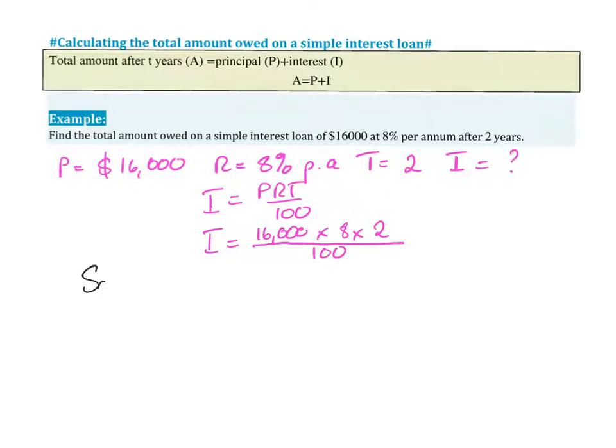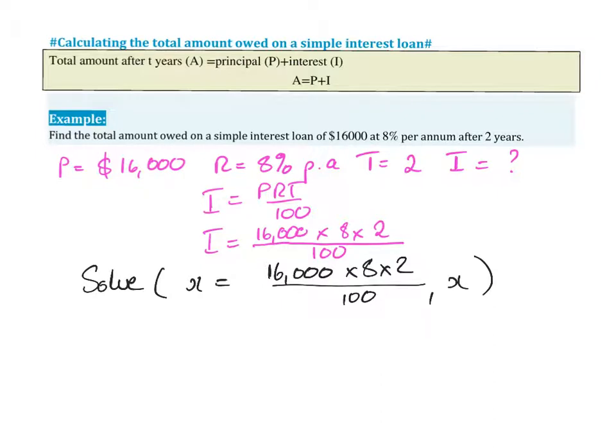So I'm going to say solve x equals the above, comma x, and I get 2,560. So my interest is $2,560. So after 2 years at a rate of 8% on $16,000, my money earns $2,560.